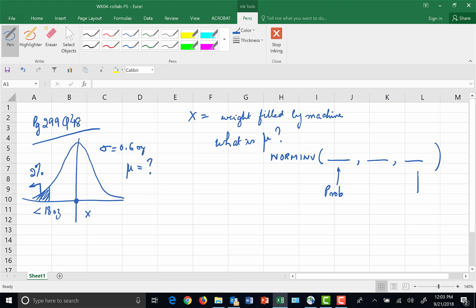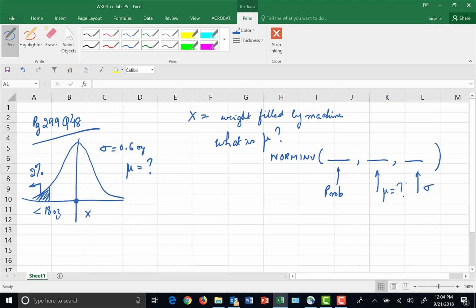The third piece that you need to input is the standard deviation, that has also been given to me as 0.6 ounce. But the second parameter, the mean that you need to input, has not been given. So if you apply the guideline that we had mentioned and try to do it directly, we immediately get stuck.